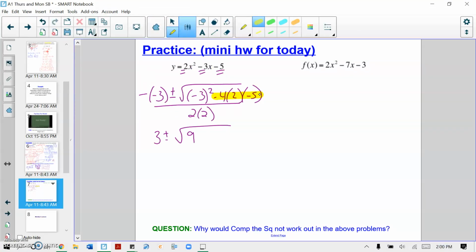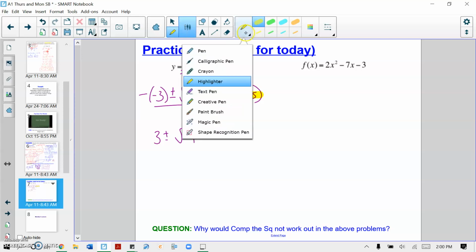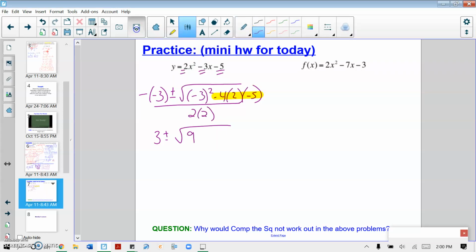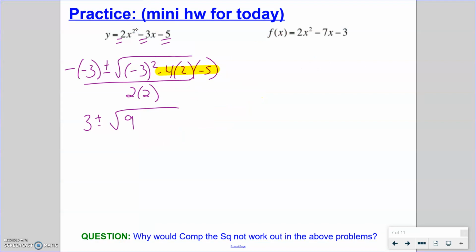The reason I say be careful is because 4 times 2 is 8. 8 times -5 is -40. Then you're going to say, oh, okay, this is 9 minus 40. Don't forget about this negative right here. It's actually 9 plus 40. So watch out for your negatives and be really careful there. If that screws you up, you can even make this plus -4 to help you out.